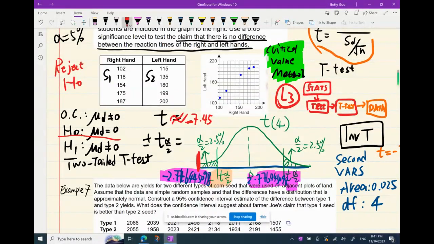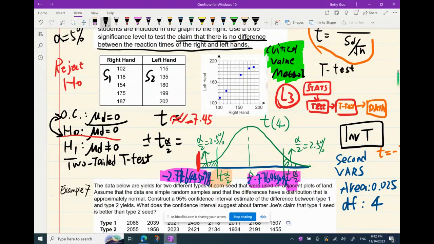The claim that there is no difference, oh my bad, no difference equals 0. In this case, the original claim equals H sub 0. But that doesn't affect other things. It's still a two-tailed test. The original claim is that there's no difference between the reaction times. So mu sub D equals 0.